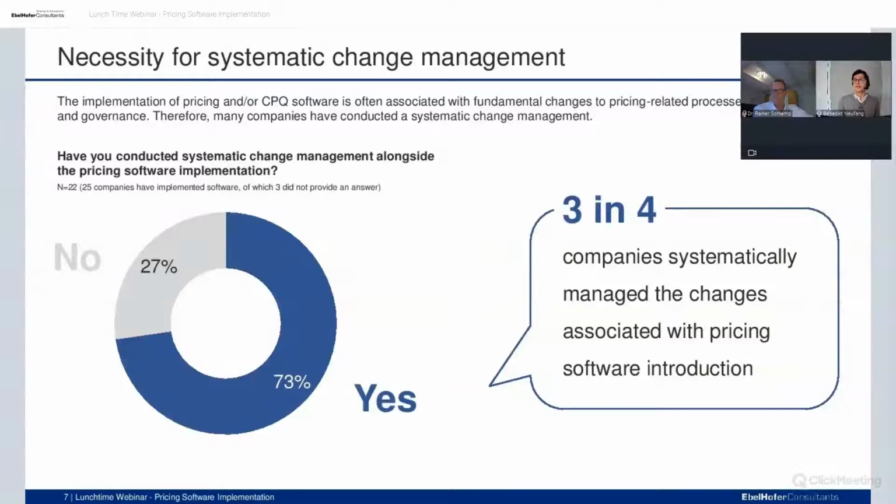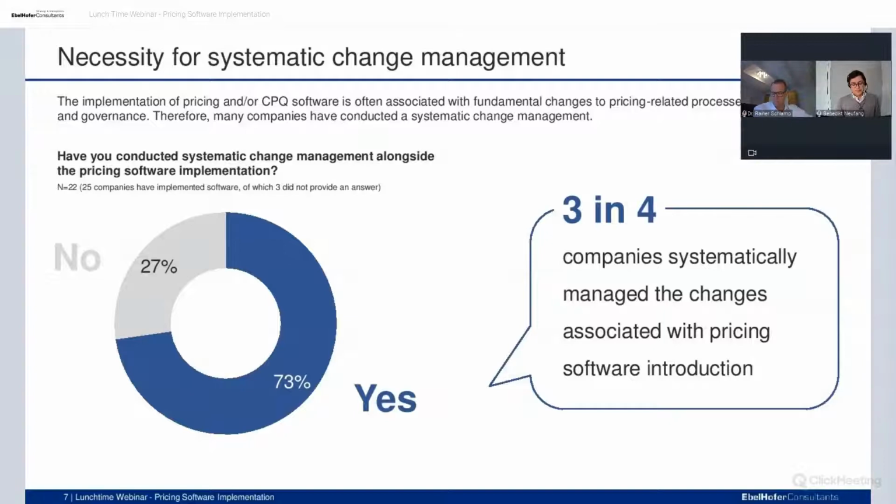We've learned that from some projects also: some companies started basically with the software out of the box and just started loading data into the pricing software, and then later realized that this was killing the motivation. They were running into so many problems that did not necessarily have to do with the pricing software, but were either in the pricing system itself or in the data quality. And this really killed the motivation.